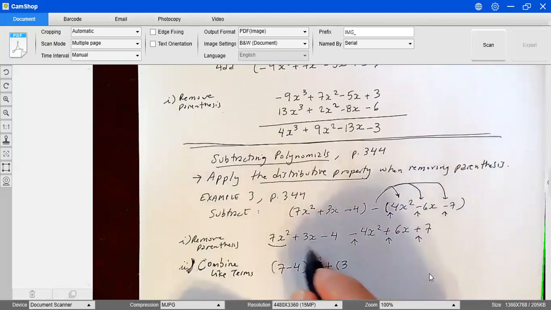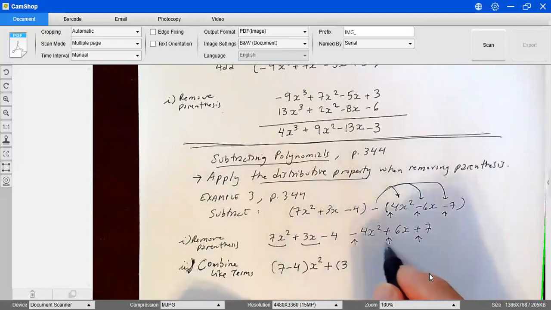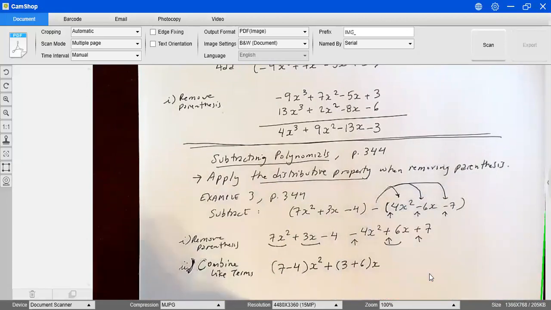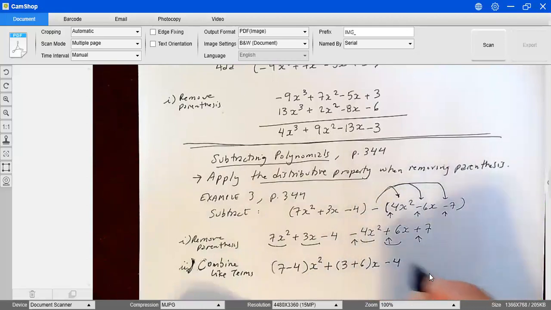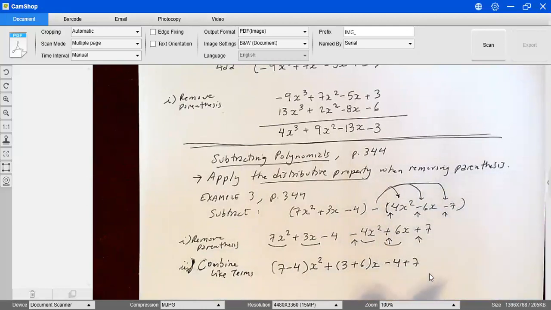So we have 3 and +6. So those are the coefficients for x. And finally, I end up with -4, +7, the constant terms.